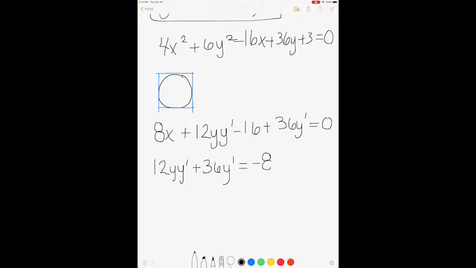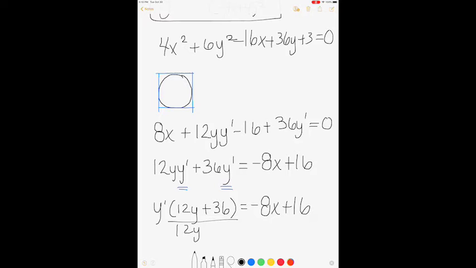So I'm going to subtract that 8x, add that 16. Okay, factor out a y prime. And divide both sides by 12y plus 36.